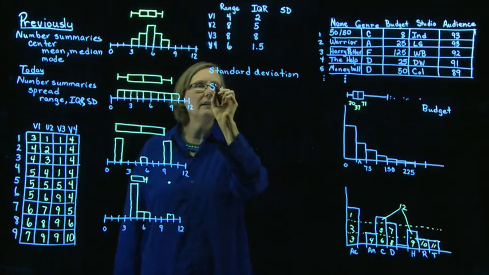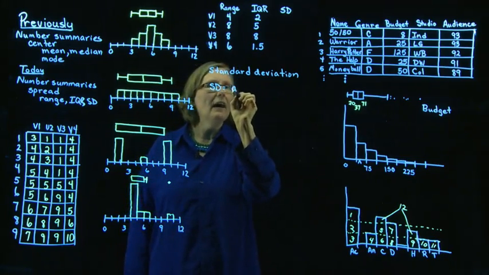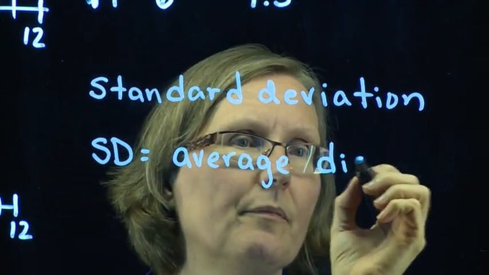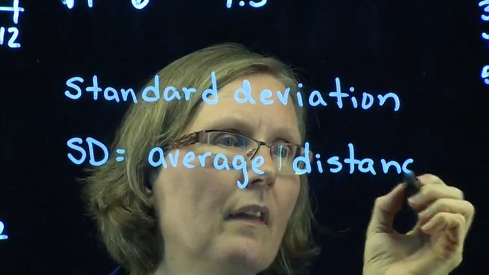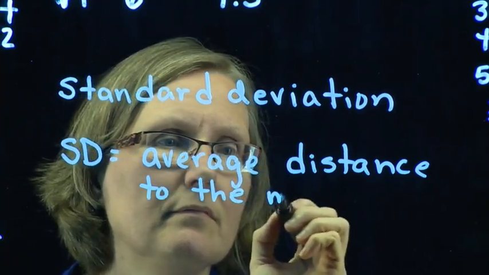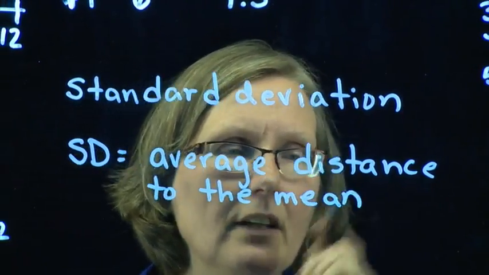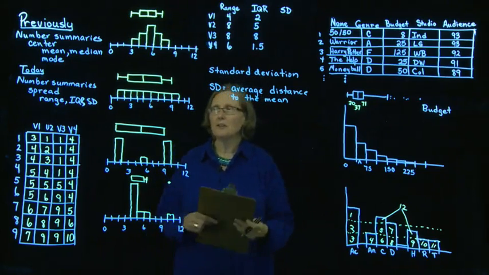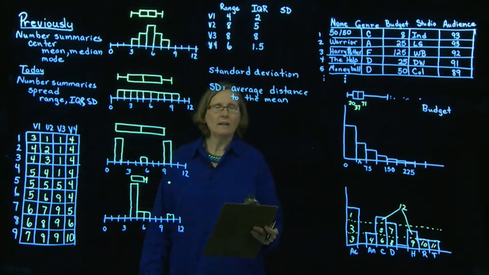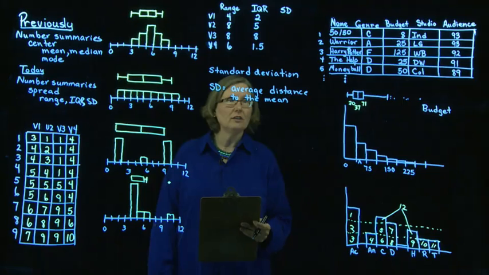The SD, think of it as the average distance to the mean. So to calculate it, we simply take each observation minus the mean, we square it, then take the average.